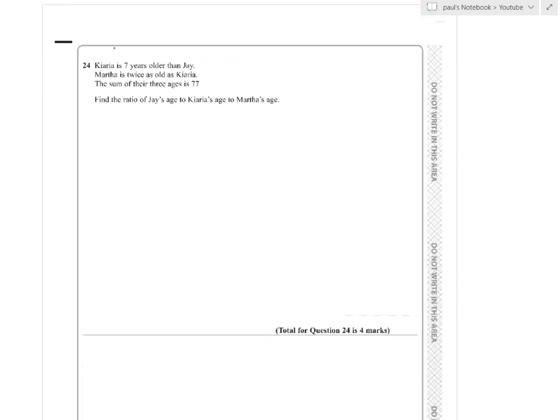Korea is 7 years older than Jay. Martha is twice as old as Korea. The sum of their ages is 77.